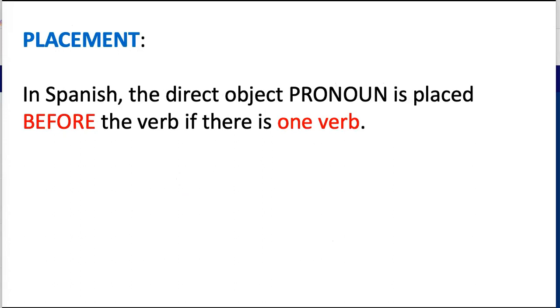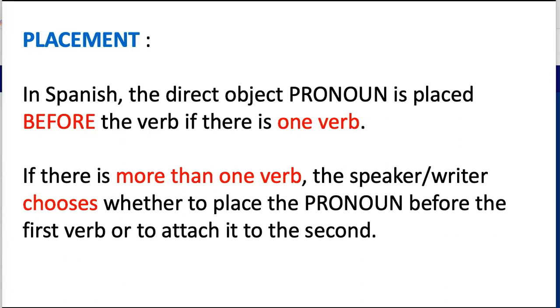Where do we place them? In Spanish, the direct object pronoun is placed before the verb if there's one verb. If there's more than one verb, then it's our choice. The speaker or the writer chooses whether to place the pronoun before the first verb or to attach it to the second or third, depending on how many verbs there are.